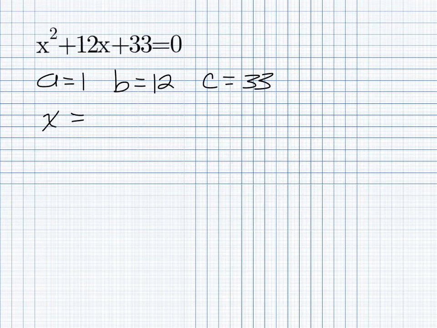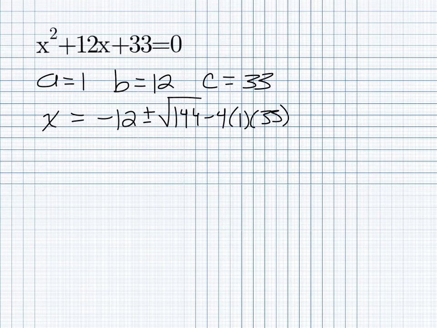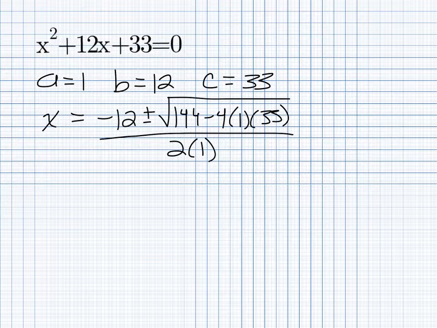So x equals minus b plus or minus the square root of b squared minus 4 times a times c, all divided by 2 times a. So now we need to go in and simplify this. Combining the values underneath the radical, we'll end up with the square root of 12.